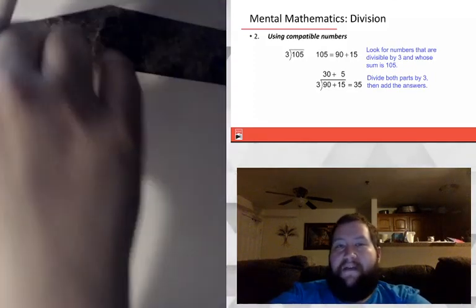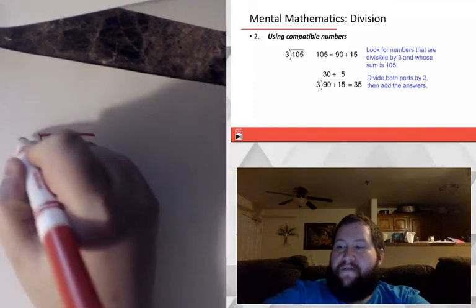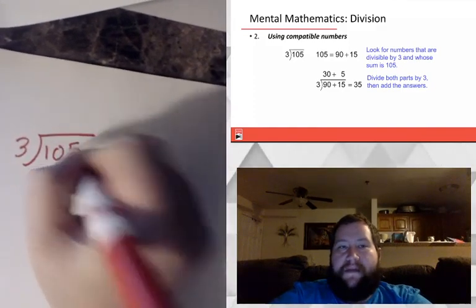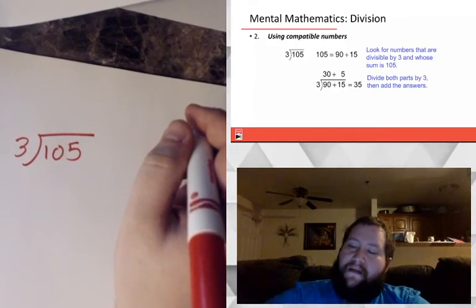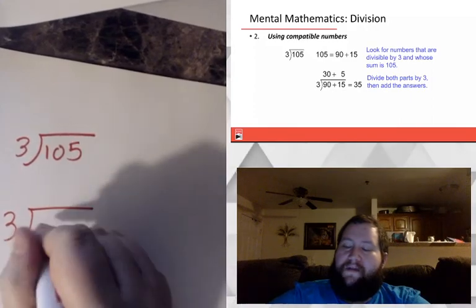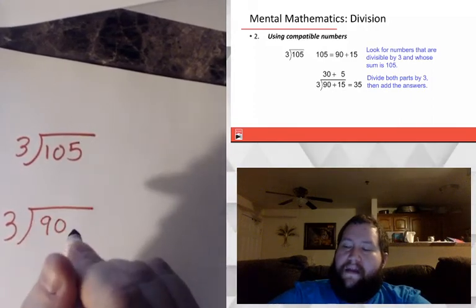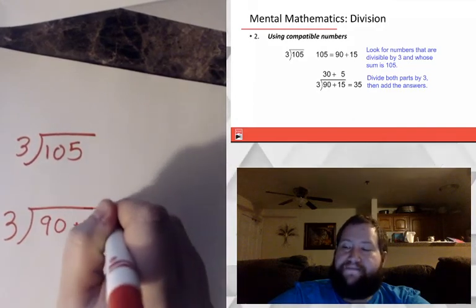But how this one works, if we have 3 divided into 105, I'm essentially using something similar to partial quotients. I'm like, well, I know that 90 is a multiple of 3, and then I have 15 left over. Oh, that's also a multiple of 3.